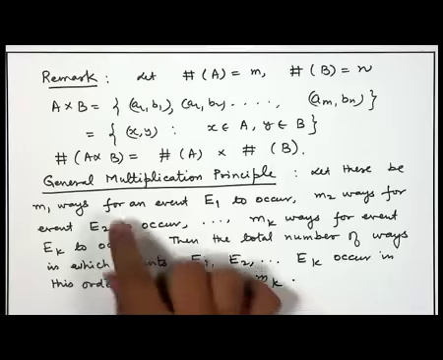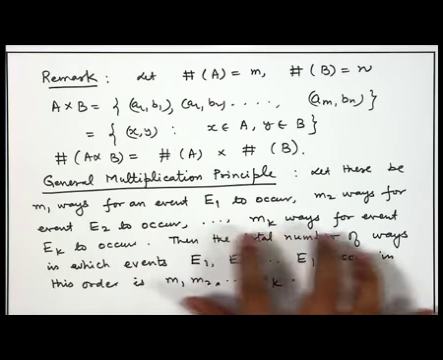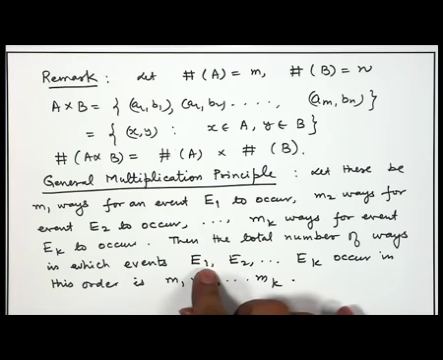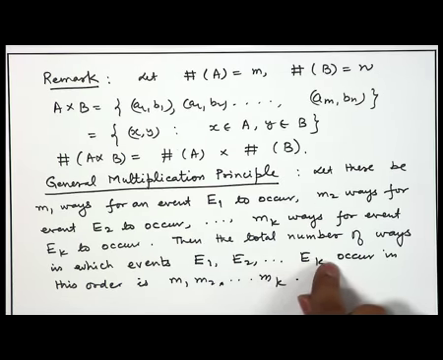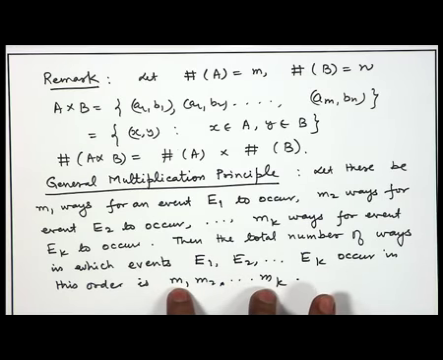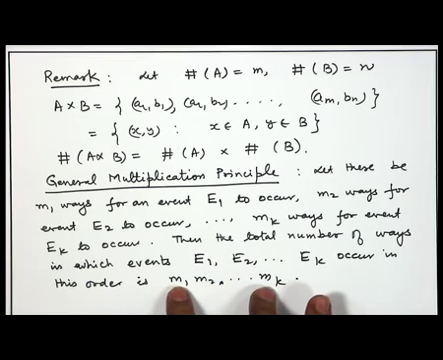So, in the general multiplication principle, when I am writing events E1, E2, ..., Ek, they occur in this particular order. That means firstly E1 occurs, then E2 occurs and so on, and then finally Ek occurs. Then the number of possibilities is m1 into m2 into ... mk.